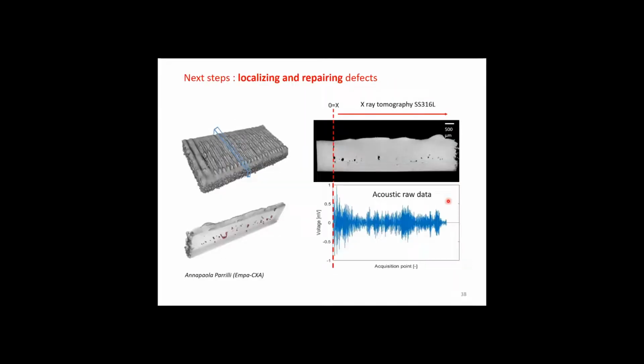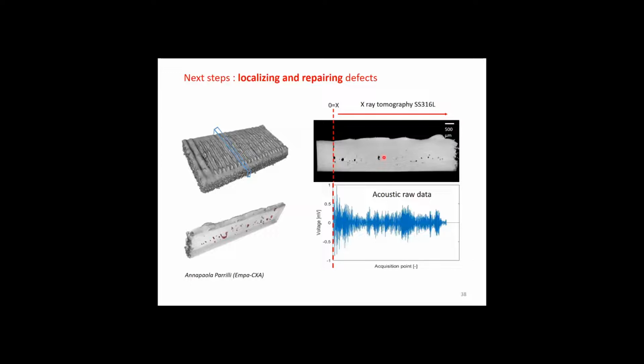Now, the next step is obviously localizing these defects after having said that they are present. So we're working on that. It starts working well, but it's ongoing work, I would say. There is a certain resolution, and these are tomographic images here. If you have the same baseline, recording the time and making the connection between time and space as the laser moves, you can connect these two pieces of information.